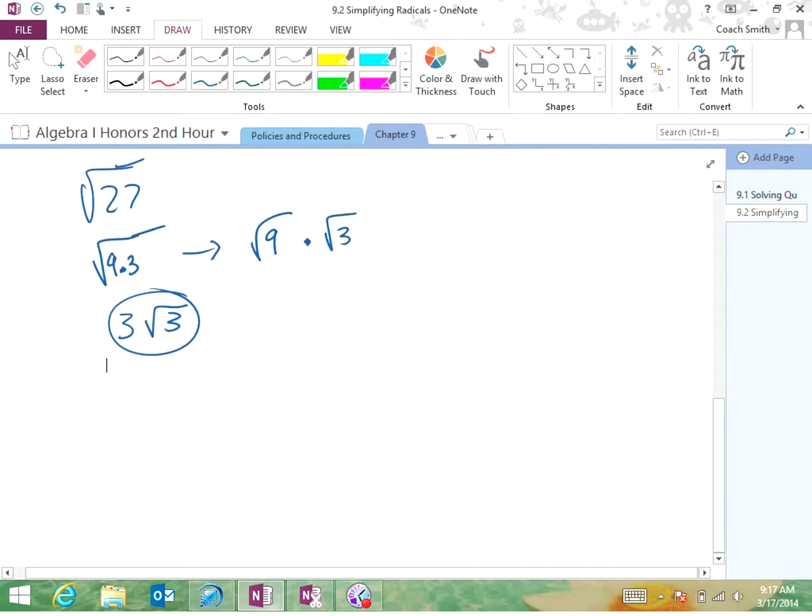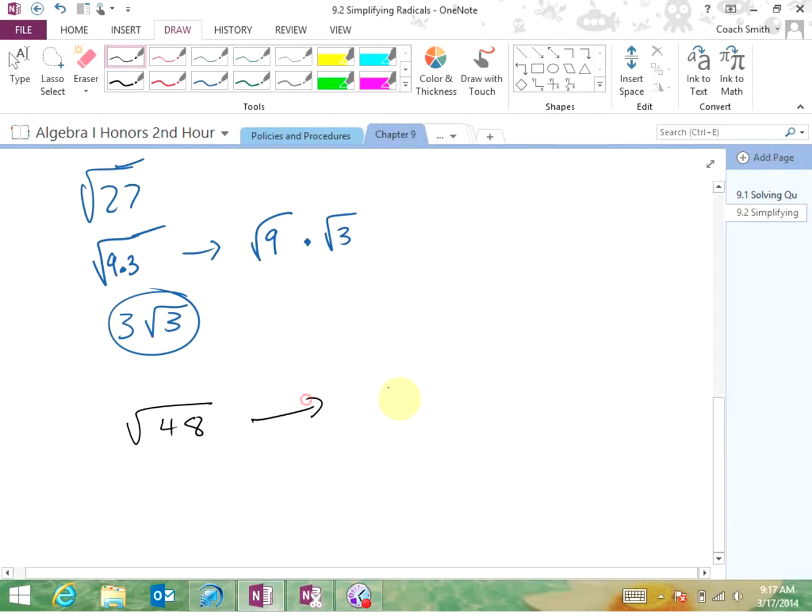Now, let's look at this one, square root of 48. Okay? The problem you have here is you might look at that and go, okay, well, 4. Well, yeah, 4 does. Okay, you can do 4. Problem is it won't be simplified. Okay, so let's look at doing 4.